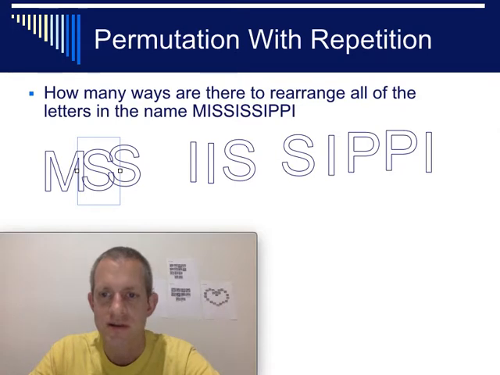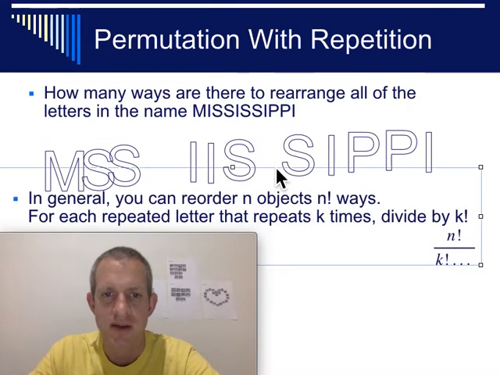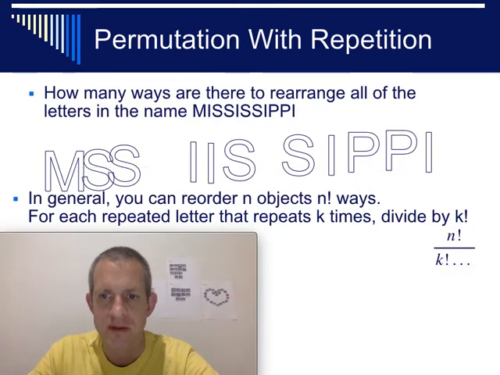In general, a question like this, you can answer by saying how many total letters there are, that's n factorial, and then dividing by, for every letter that repeats, how many times it repeats, factorial. I'm sure that's clear as mud, right? So in the word Mississippi, there are 11 letters, and so if we wanted to find that, what we need to do is take 11 factorial on top.